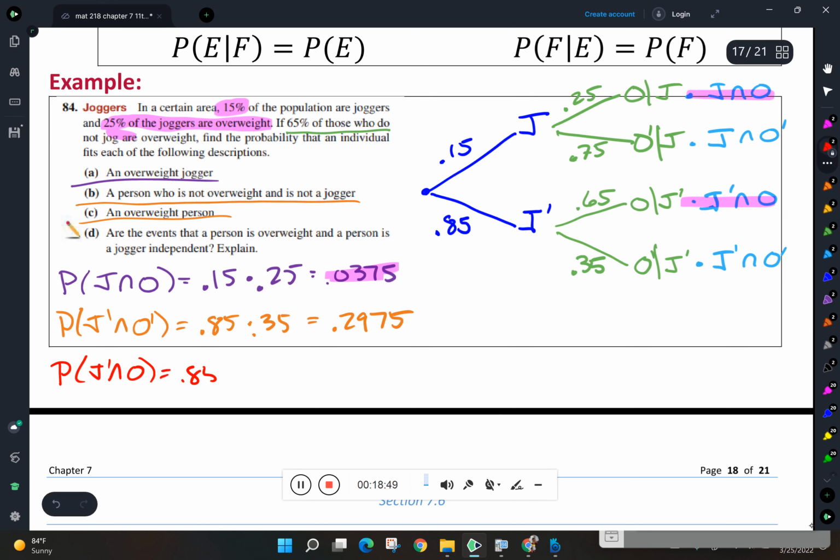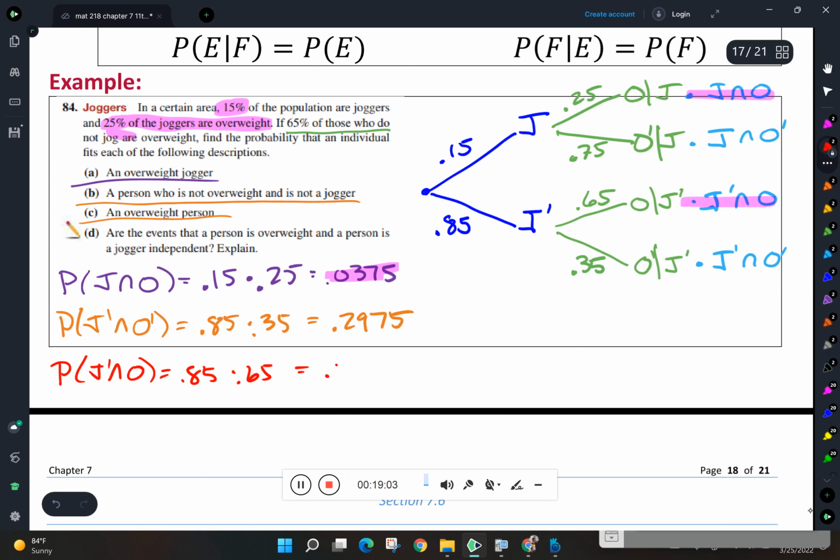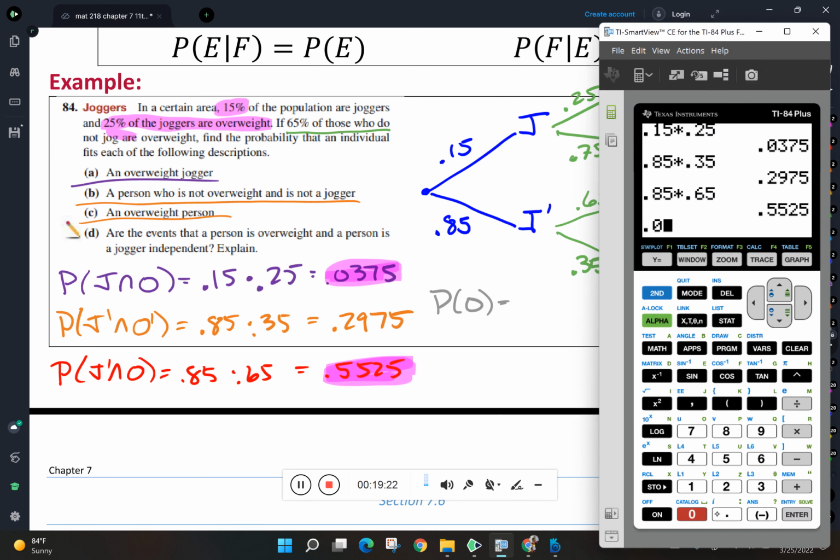So that's going to be 0.85 times 0.65, which is 0.5525. So then if I take that 0.0375, which was the overweight joggers, and add it to the overweight non-joggers, I get that the probability that someone is just plain old overweight is 0.0375 plus 0.5525, 0.59.